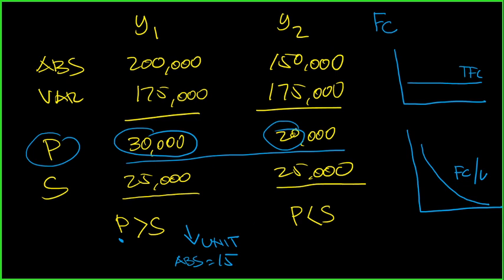While here, you only produce 20. Konti lang yung mag-absorb kung saan mai-allocate yung 150,000. That's why the unit cost under absorption costing is 17.5.